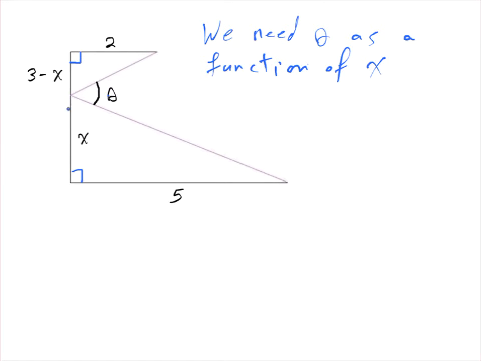By the way, if this point P is x units above the bottom of the picture, then the remaining distance should be 3 minus x, because it was given that that whole side is equal to 3, and if you add these two you should get 3. The x's cancel out. And these are right triangles, and we can use right triangle trigonometry.